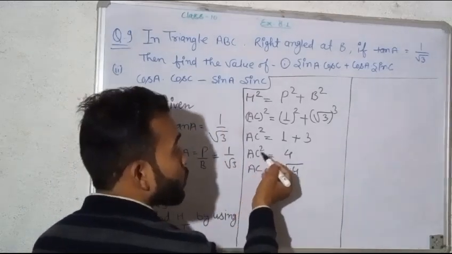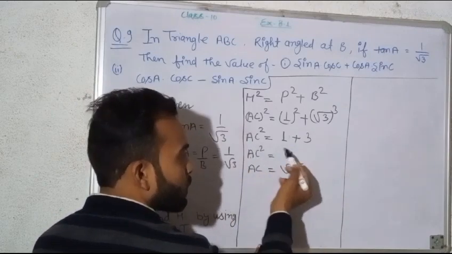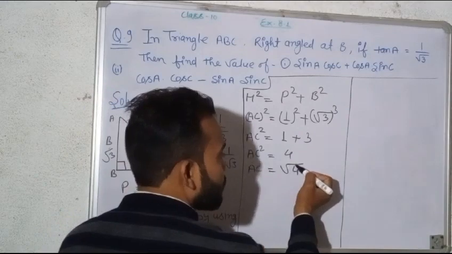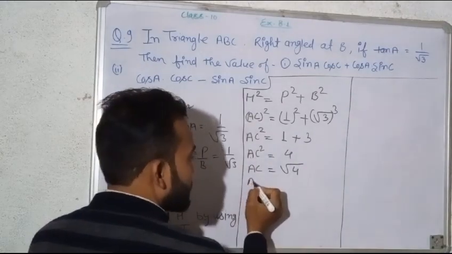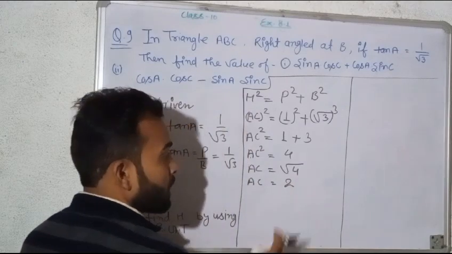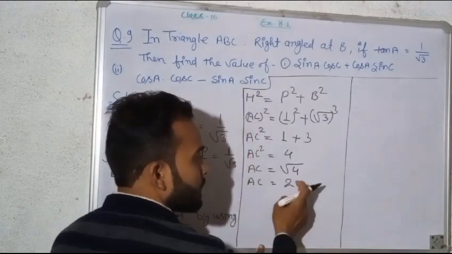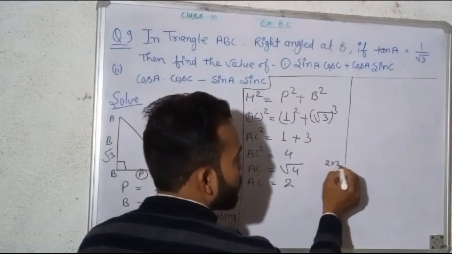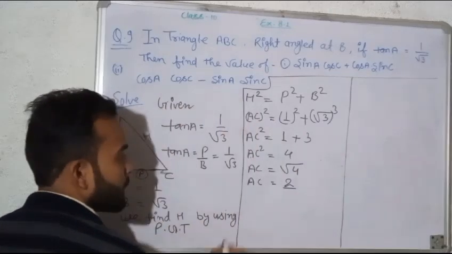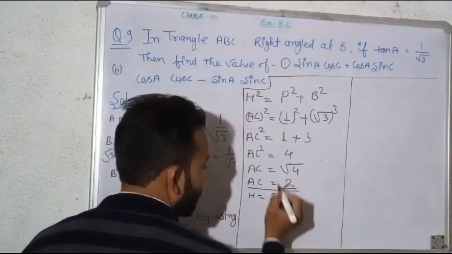Because the square will be transferred from left to right and becomes root. So AC is equal to root of 4. AC equal to 2. Why? For 4, we find factors of 4. This becomes 2 multiply 2. So we get 2. Here AC is equal to 2. That means H is equal to 2.